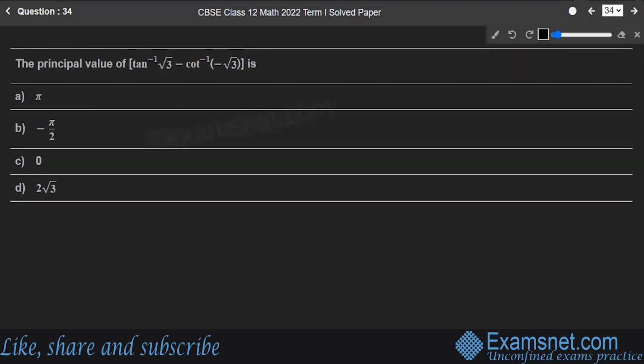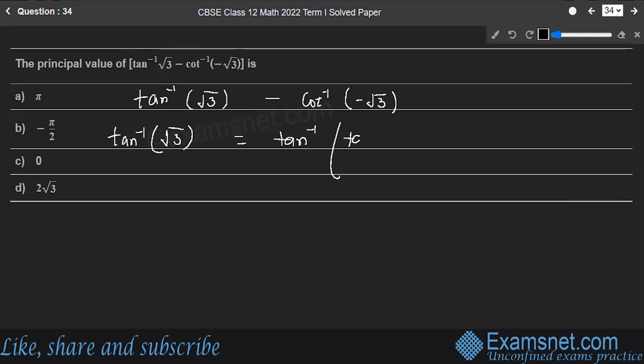Question number 34, you have to find the principal value of tan inverse root 3 minus cot inverse of minus root 3. Let's discuss the value. First of all, tangent inverse of root 3 can be written as tangent inverse of tangent pi by 3, which is nothing but pi by 3.